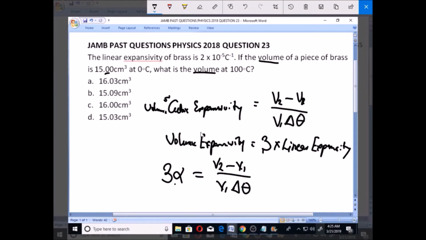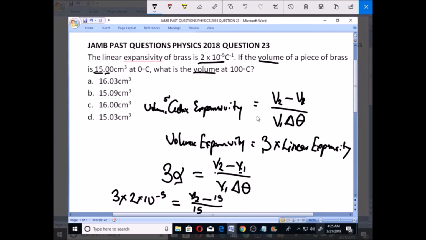So the linear expansivity is already given, so I can say this is equal to 3 times the linear expansivity, which is 2 times 10 to the power minus 5, equal to the final volume, which is what we are looking for, minus the initial volume, which we are given as 15 cm cubed. So I write 15 here, all over the initial volume, which is also 15, times the change in temperature.